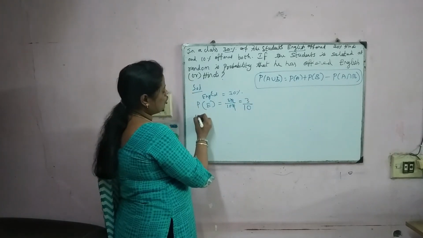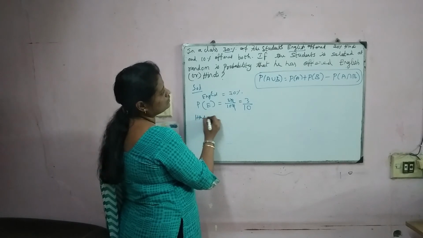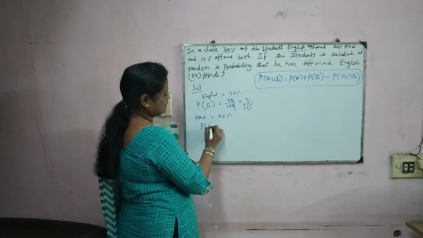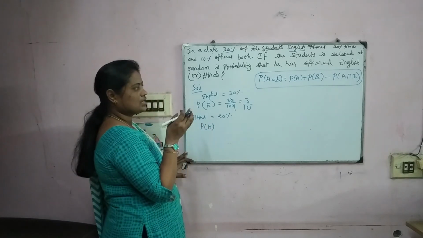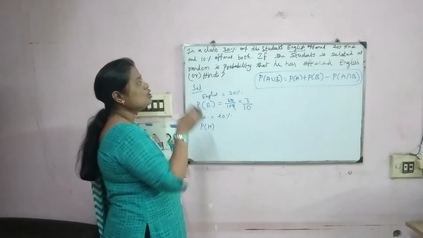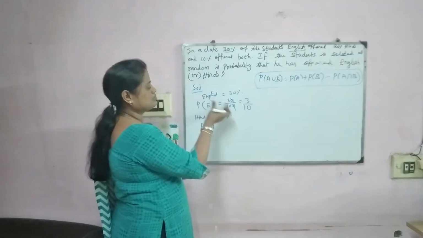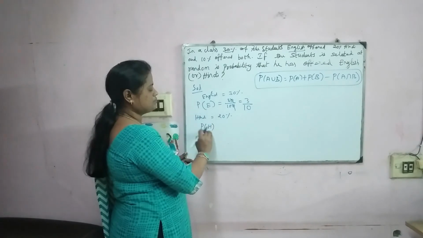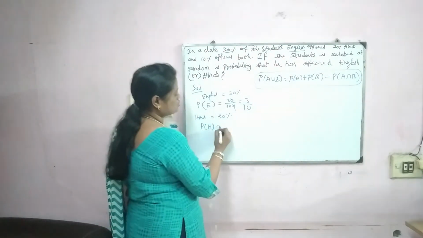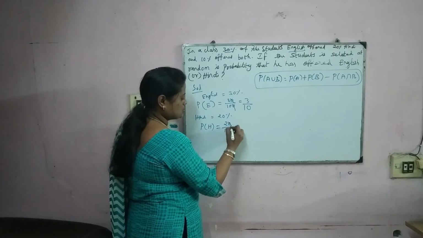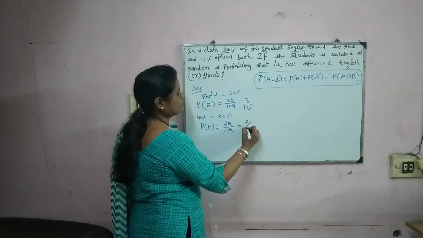Okay. So Hindi offered. How many students offered Hindi? 20% of the students. What is the probability of Hindi? Instead of P of A and P of B, I am taking the first letter of whatever is given in the question. P of English means I am taking P of E. Hindi means I am going to take H. So here the given percentage is 20 by 100. You just cancel this 0. This is 2 by 10.